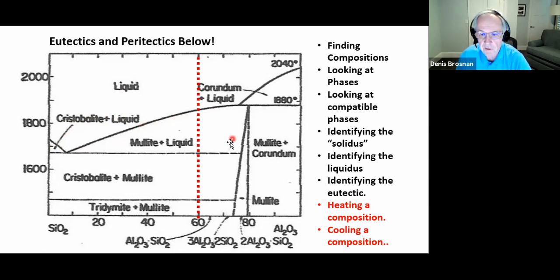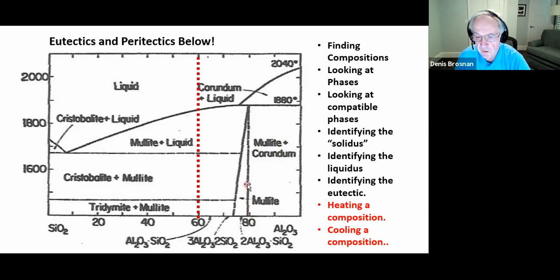This phase field right in here, please ignore the dotted red line for now, is a field where mullite and liquid, meaning melted phase, is present. Mullite and aluminosilicate liquid is present. So you can see that there are several phase fields identified, mullite and corundum over here.